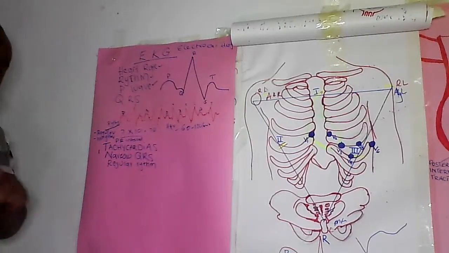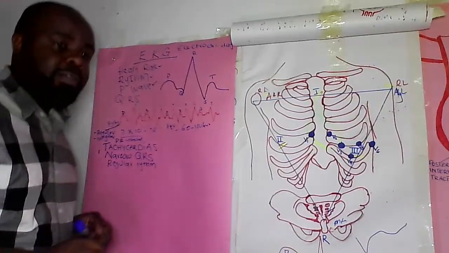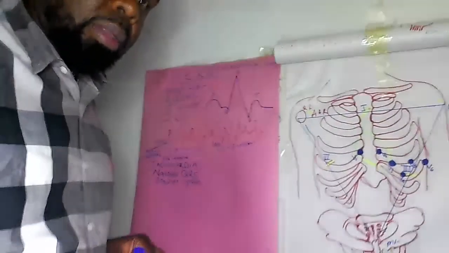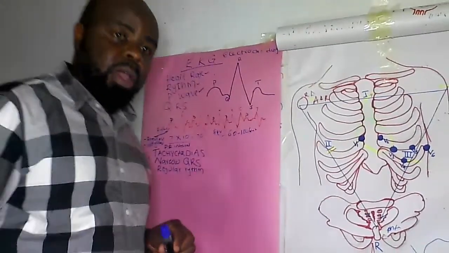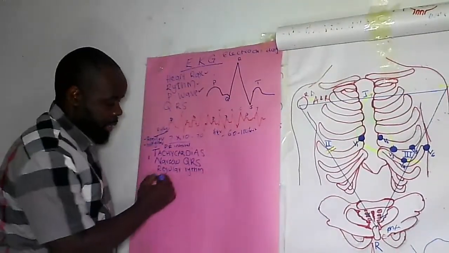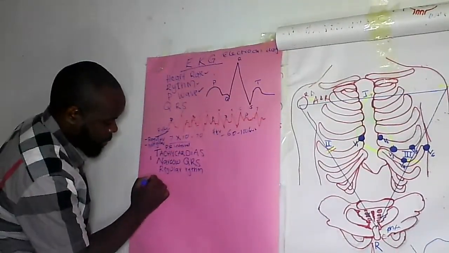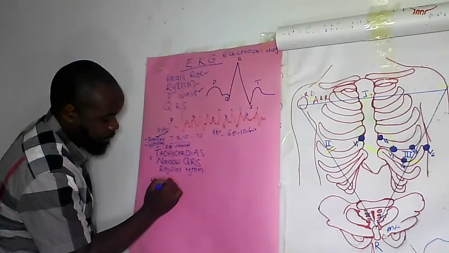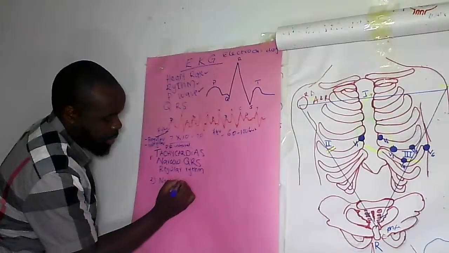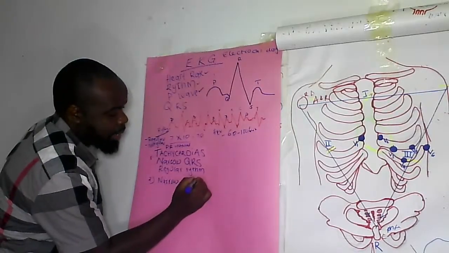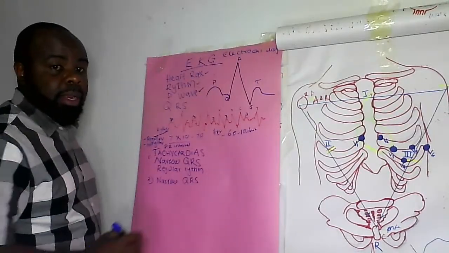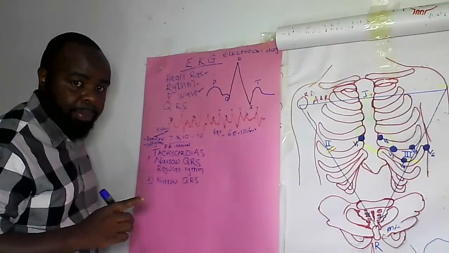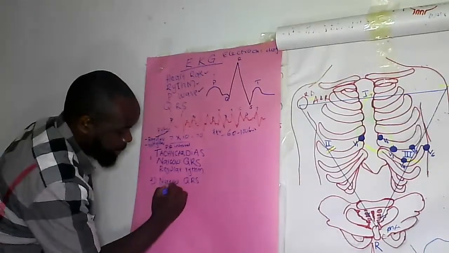And then we have tachycardias with narrow QRS with irregular rhythm.